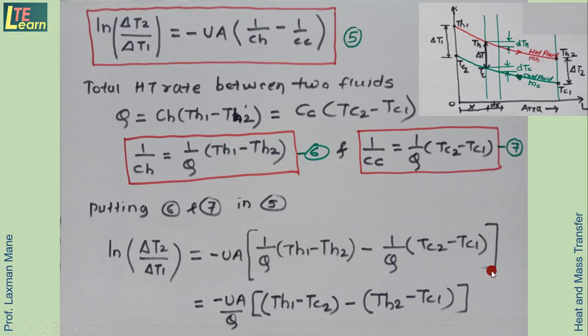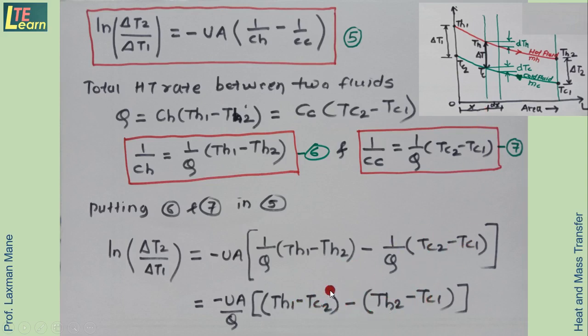Complete the bracket. Then taking 1 upon Q outside of the bracket, inside the bracket we will have the arrangement Th1 minus Tc2 and minus another bracket Th2 minus Tc1. Now why did we do this?